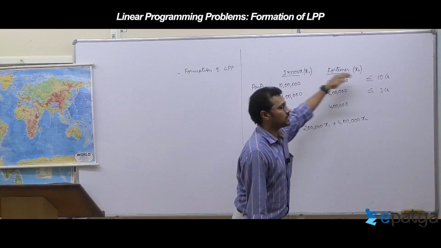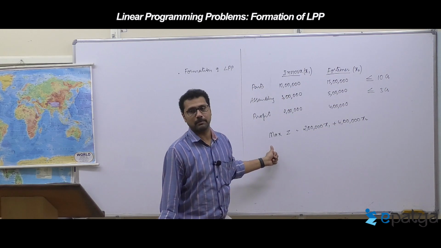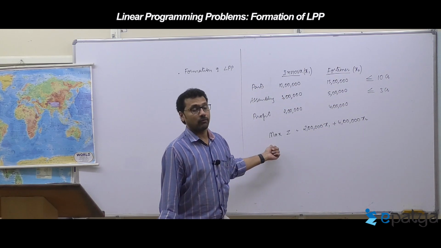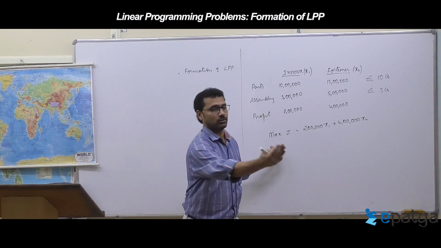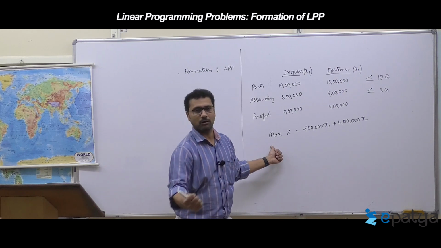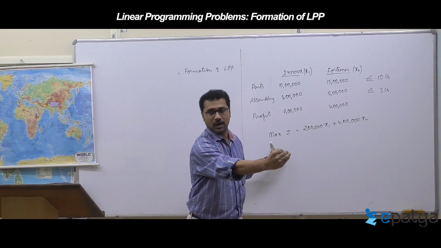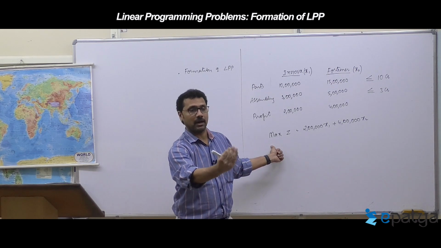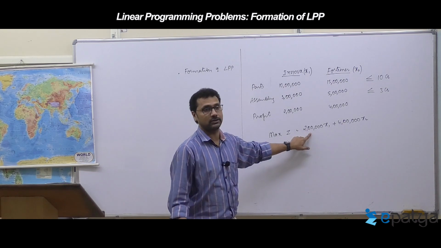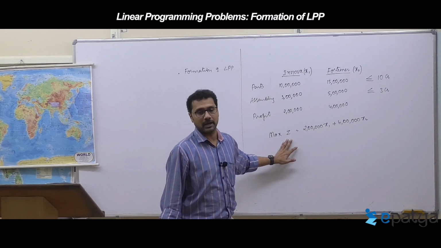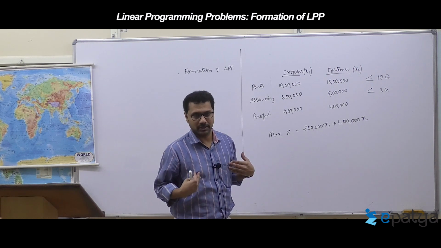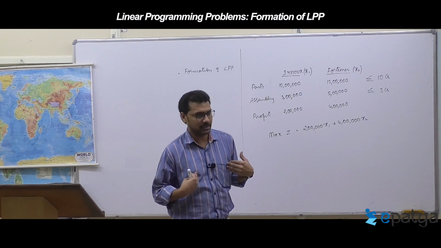Within these constraints, how do I maximize my profit function, for what values of X1 and X2? How many units of Innova, how many units of Fortuner cars do I have to import and manufacture and get this profit, so that my profit would be maximized, is my objective, is my scenario right now.